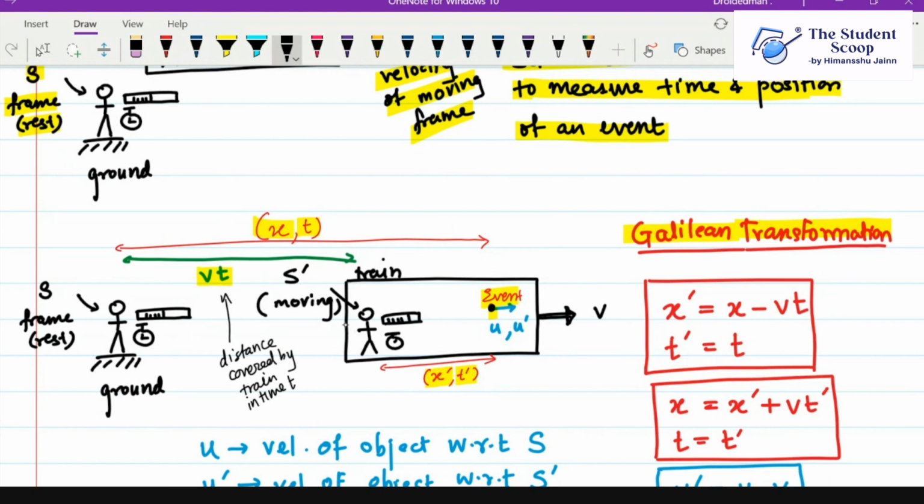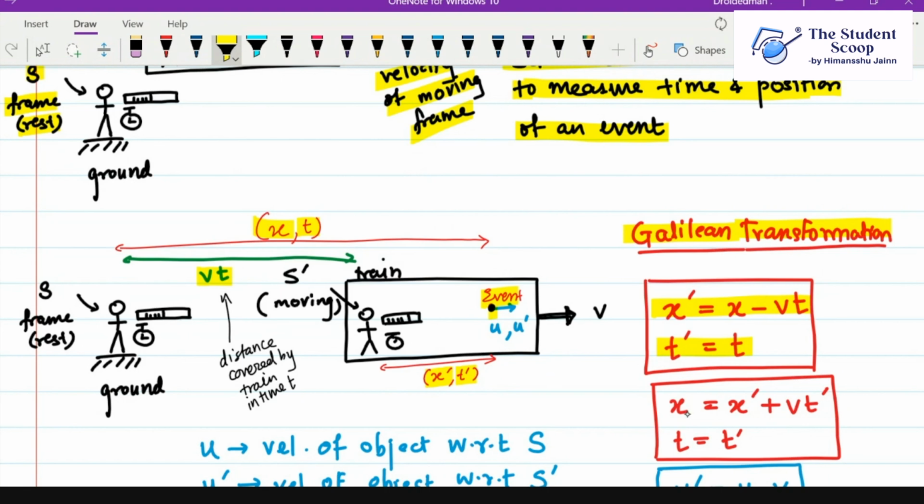So we can easily relate those two lengths: x dash is given as x minus vt, and t dash is going to be the same. So both frames will measure the same time. The time will run exactly the same for both of them.